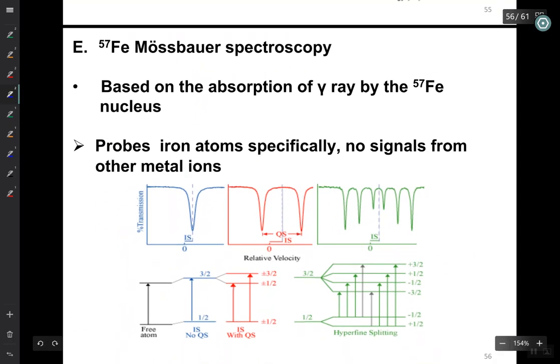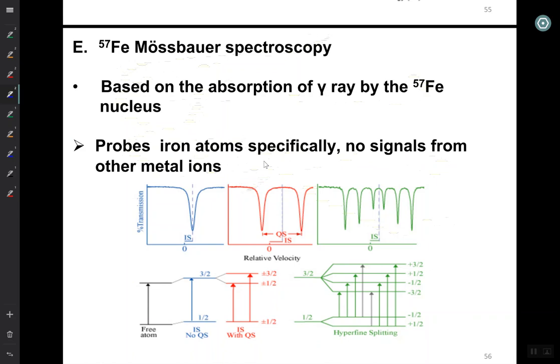If you do any type of iron chemistry, whether in synthetic chemistry or particularly in biological chemistry, there's a very important technique called iron-57 Mossbauer spectroscopy. It is based on the absorption of gamma radiation by the iron-57 isotope nucleus, and it probes iron atoms specifically, with no signals from other metals. It's so useful because let's say you're studying a protein that has a lot of different metals in it.